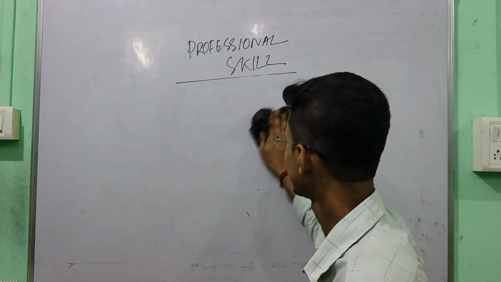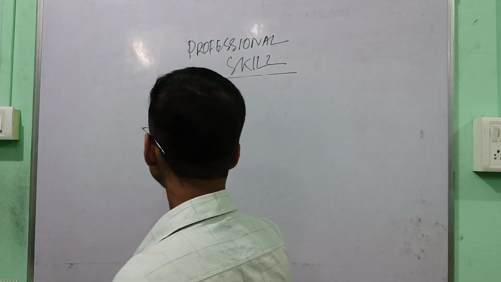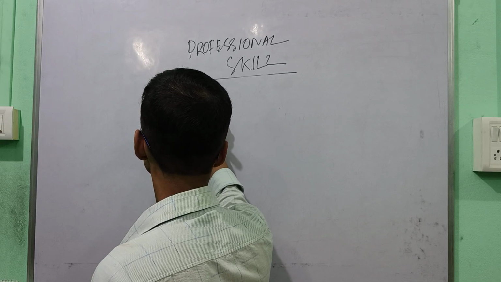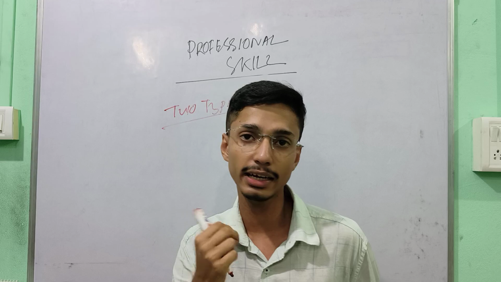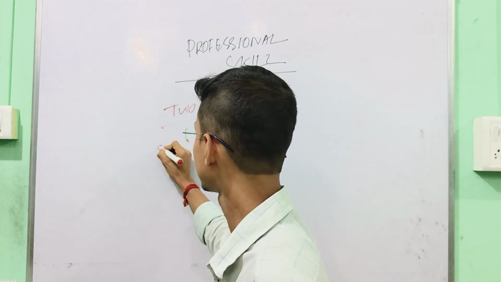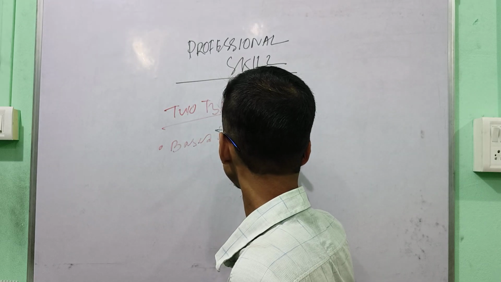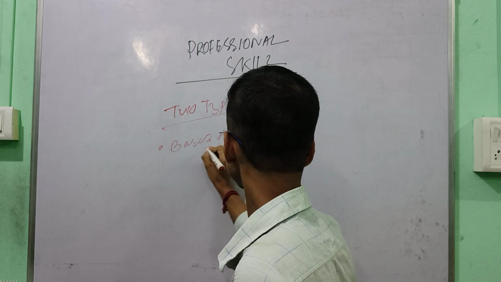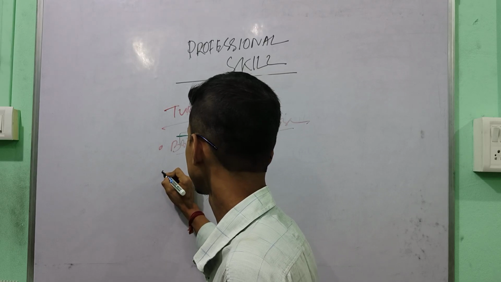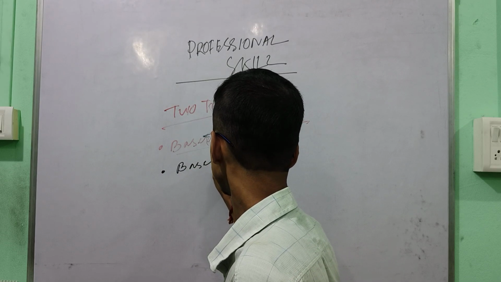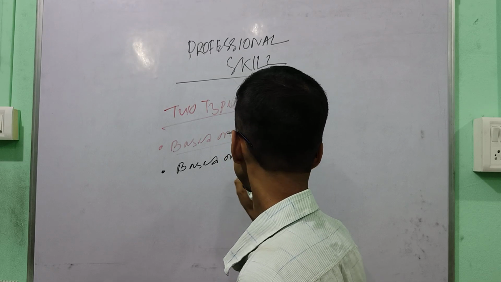Communication is mainly of two types based on two categories. The first one is based on purpose, and the second category is based on medium.